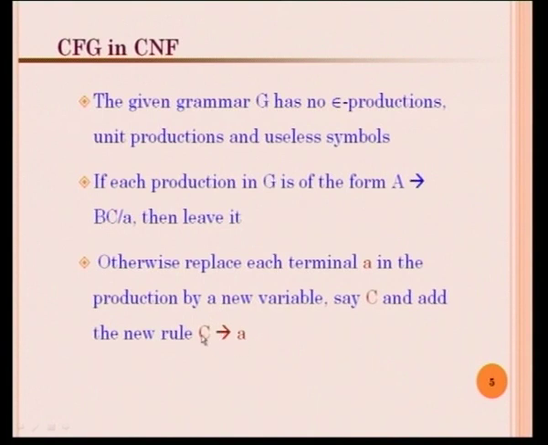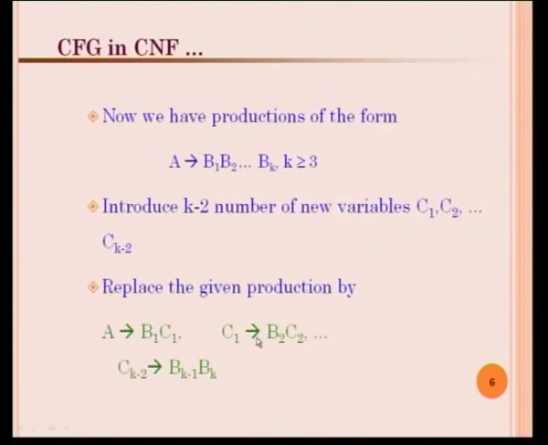If you do not include the production C derives small a in the grammar, then after replacing small a by capital C, C becomes a non-generating symbol. To avoid that, we must include the new rule C derives small a. Once it is done, every production that is not already in CNF is of the form A derives B1 B2 B3 up to Bk, where k is greater than or equal to 3.